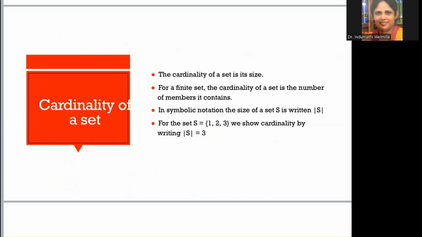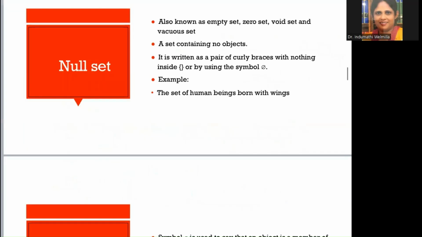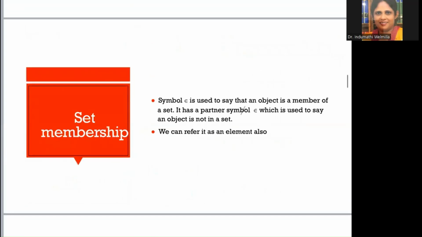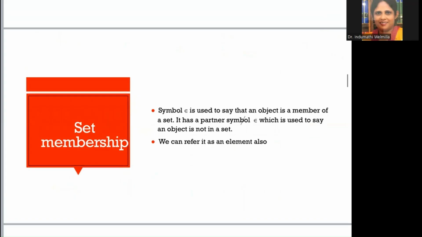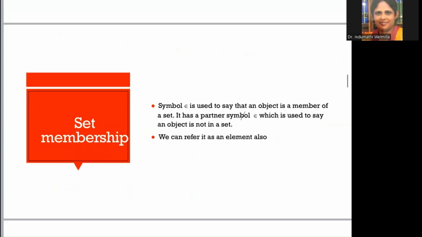We understood these things, right? Empty set, zero set. And this symbol is used to say that the object is a member of a set, an element of the set.